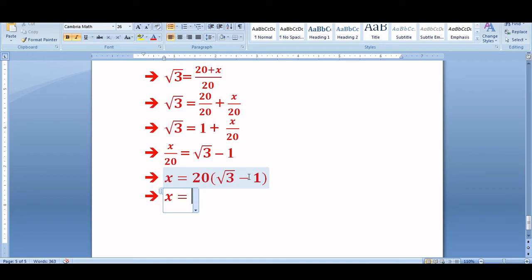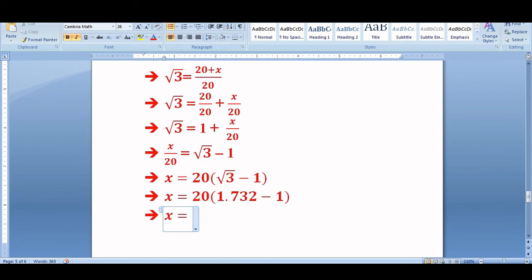But we can find the value of root 3 and can evaluate it further. So here I have written the value of root 3 is 1.732. You can memorize it, or it's sometimes given in the question also.